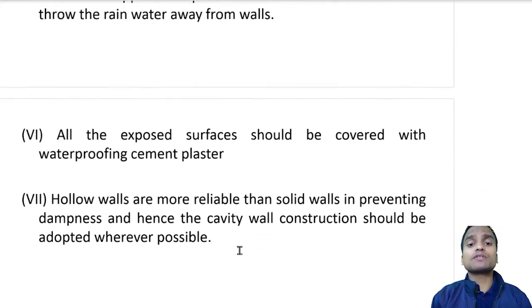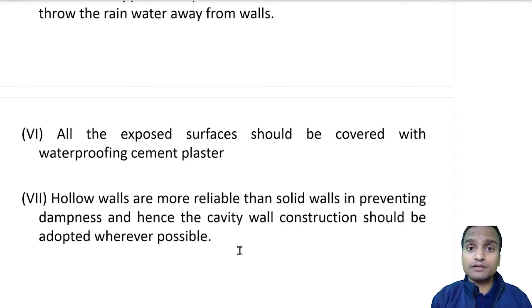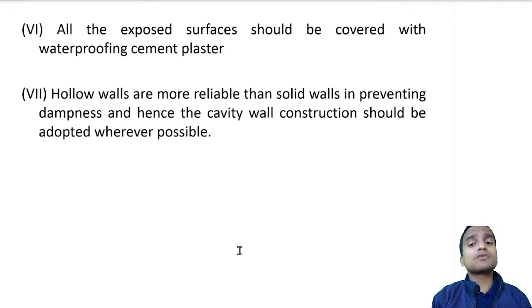All the exposed surfaces should be covered well with waterproofing cement plaster. Hollow walls are more reliable than solid walls in preventing dampness, and hollow walls are also known as cavity walls. So we prefer cavity wall construction wherever possible. Now what is a cavity wall?